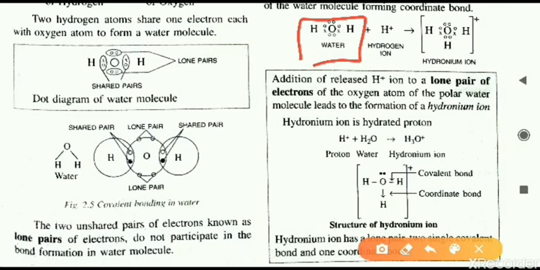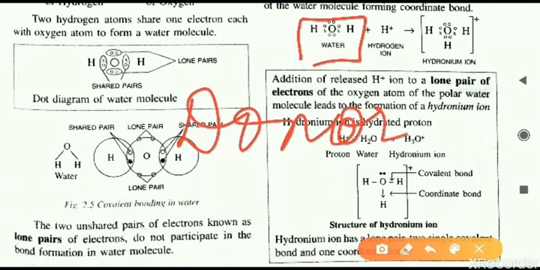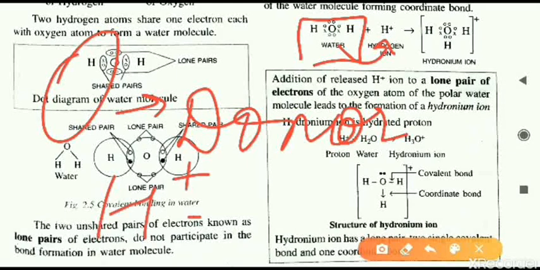Whichever atom provides the electron pair for the formation of a coordinate bond is called the donor atom. In the case of hydronium, the donor atom is oxygen. Oxygen is the donor, and the one which is accepting, in our example, is the H+ ion, the hydrogen ion. So H+ is accepting that lone pair of electrons, so it is called the acceptor.